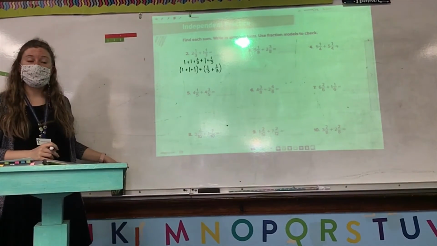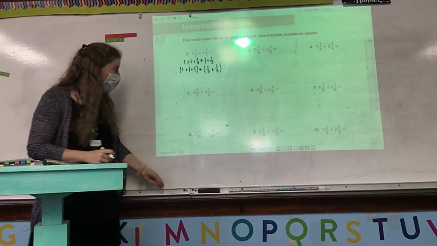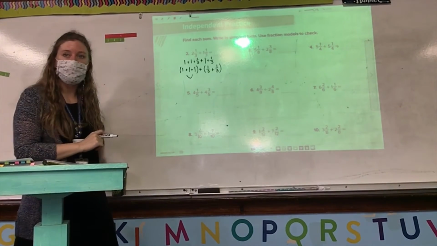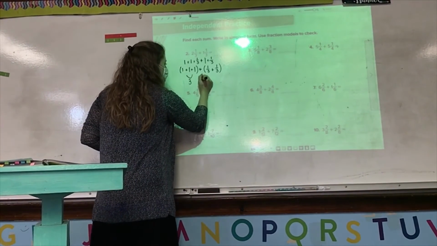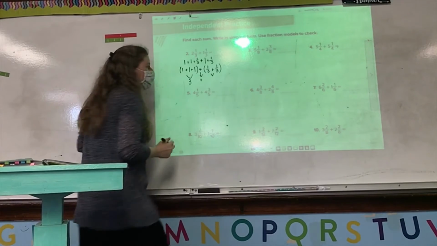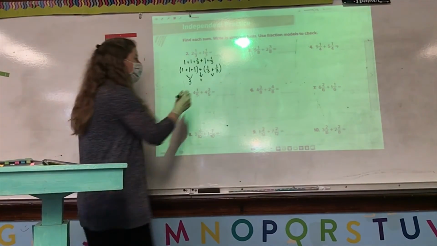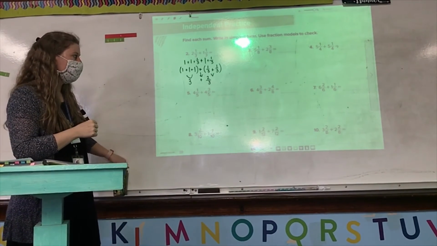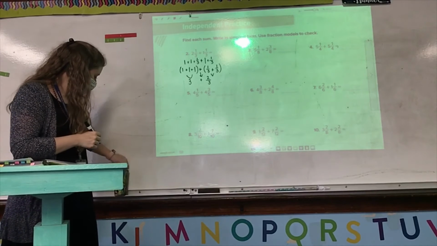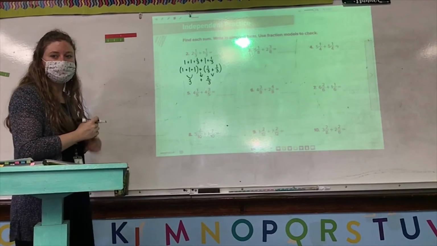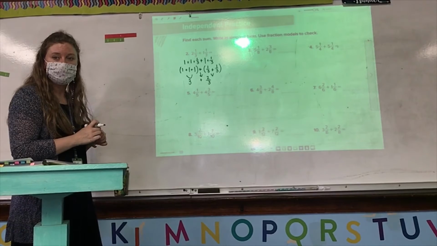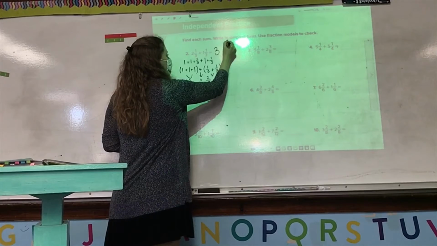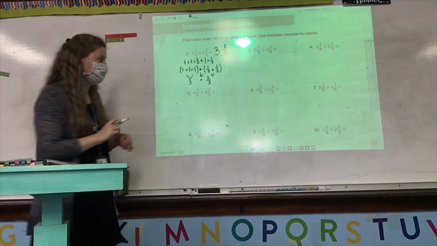Now we can just add our separate pieces, or separate groups. The sum of our first group is 3, plus the sum of our second group, which is 2/3. 3 plus 2/3 is what, Zari? 3 and 2/3.